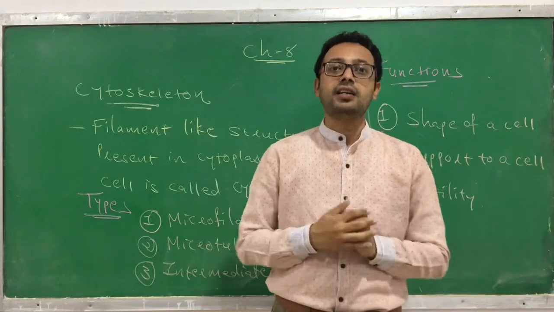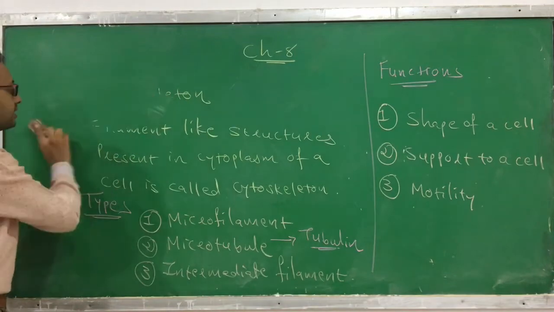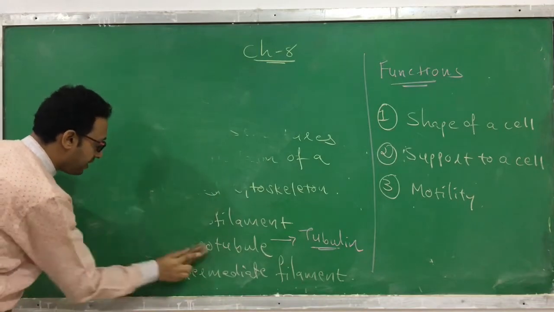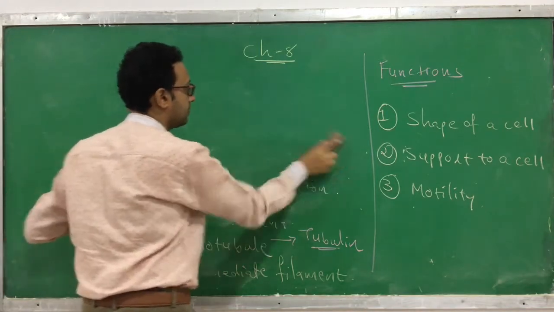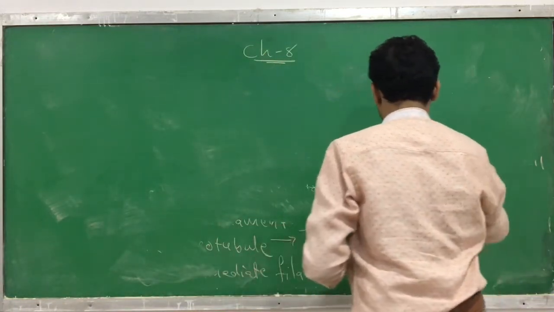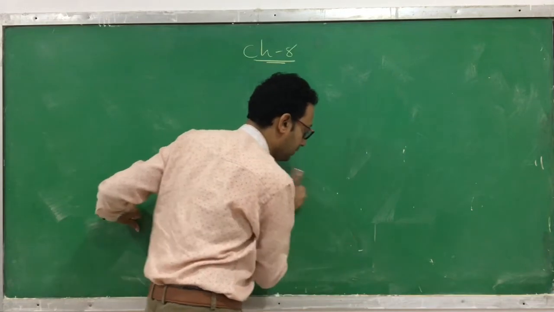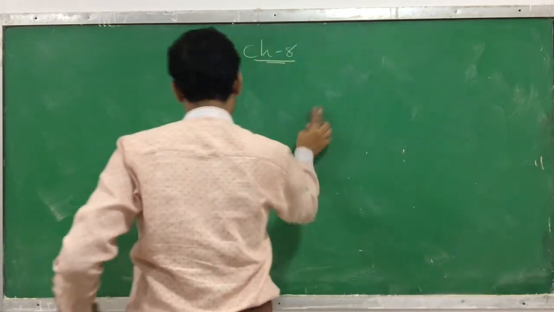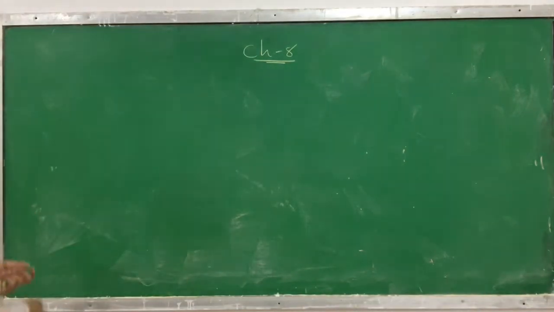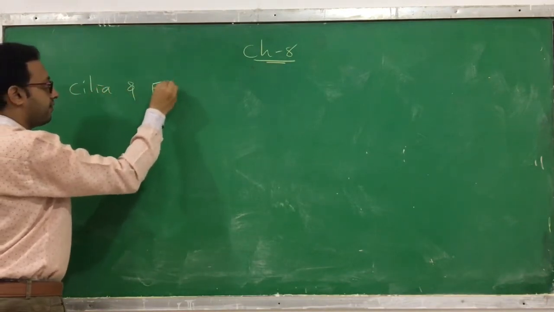Now we will move ahead with another organelle, and that is cilia and flagella. Another organelle you can find in a eukaryotic cell is cilia and flagella. So now let's discuss cilia and flagella.